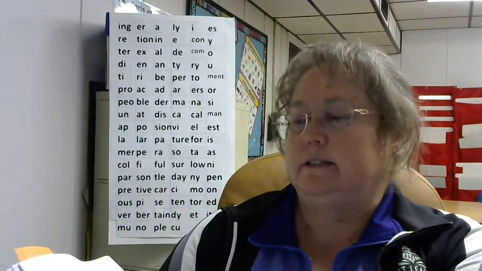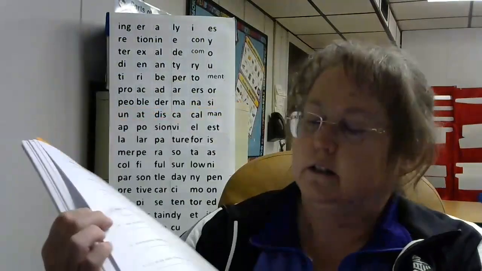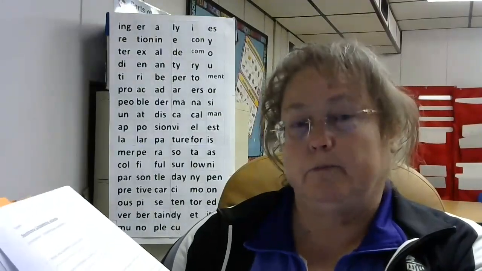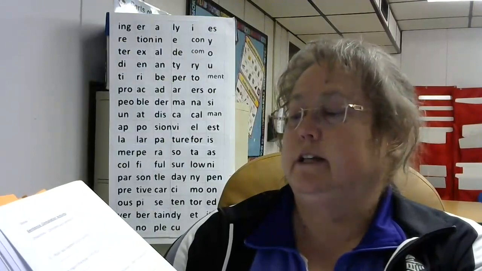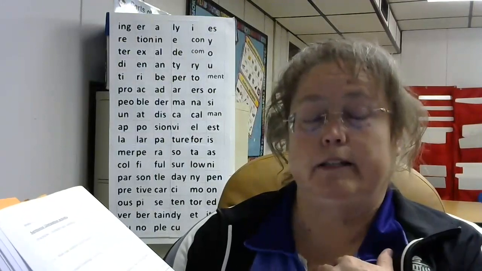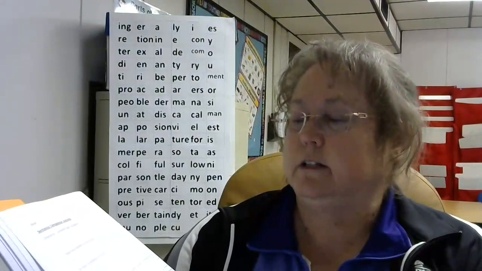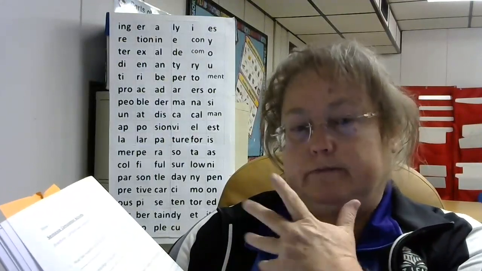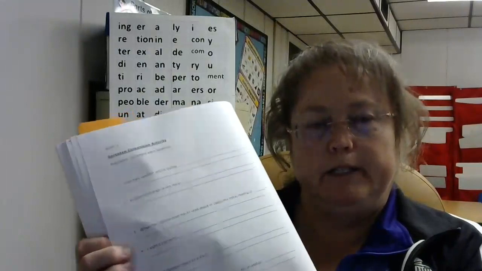You have a sentence completion activity. It's page 6. And you can fill that in however you want. It's your personal opinion. For example, a major challenge in my life is, and you fill in the blank. Or what do you want to achieve? I want to achieve, fill in the sentence with what you want to do. So page 6 is personal opinion.